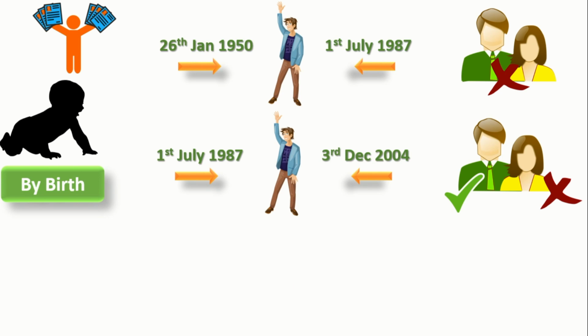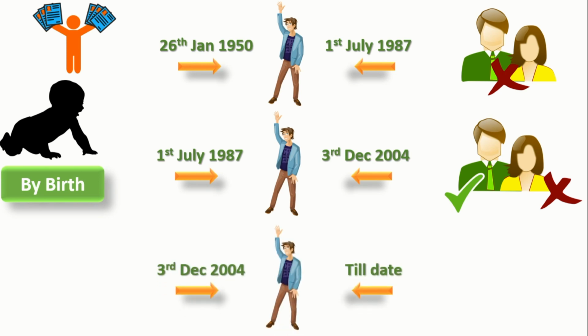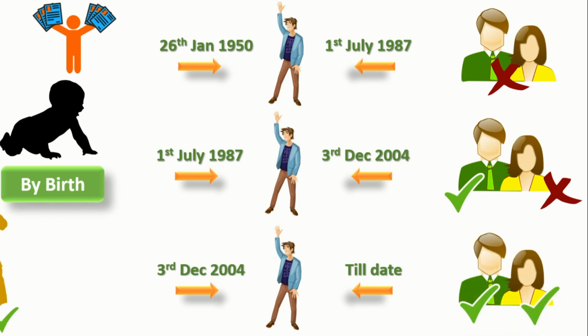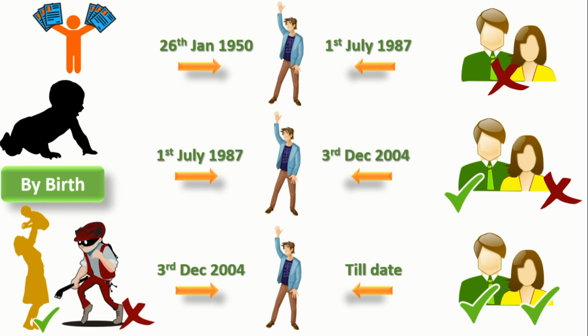And if the person was born after 3rd December 2004, then both of his parents should be citizens of India. Or if only one parent is a citizen of India, then the other should not be an illegal migrant.